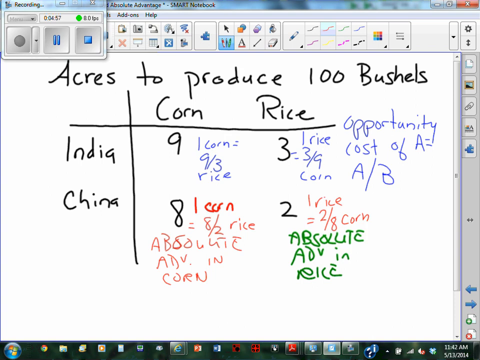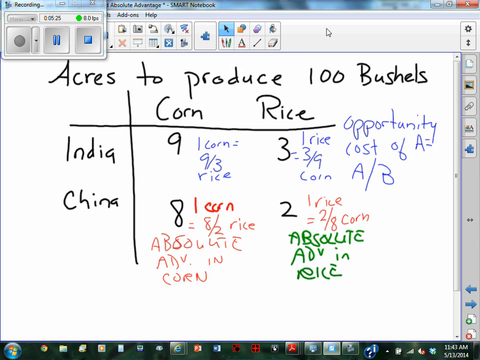Anytime you're calculating this, you know that if you have comparative advantage in one thing, the other guy has to have comparative advantage in the other. You can have absolute advantage in both, but you cannot have comparative advantage in both. So taking a look at this, 9/3 rice would be 3 rice, correct?